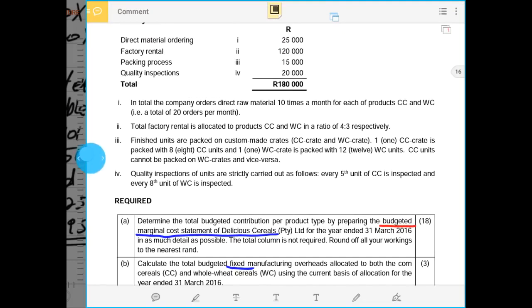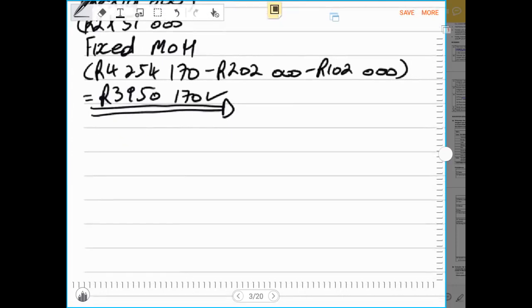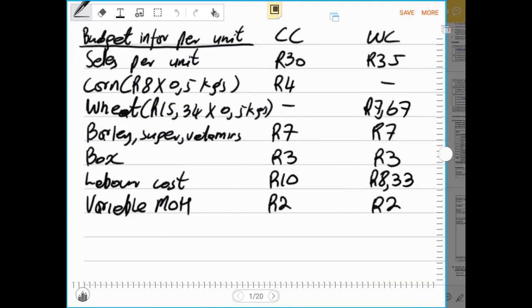Then we are doing the budgeted marginal income statement. And remember, I have already done all the workings. I have already calculated all the workings and I have all my costs there. From here up to here will give me the cost per unit.